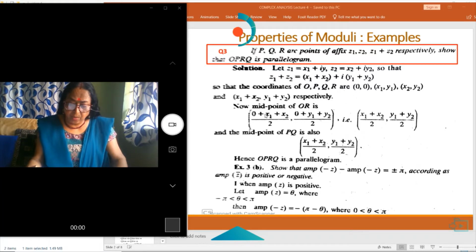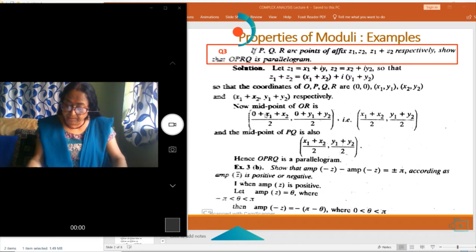respectively O is 0, 0, P is x1 comma y1, Q is x2 comma y2, and R is x1 plus x2 comma y1 plus y2. Now the coordinates of O are 0, 0, and the coordinates of R are x1 plus x2 and y1 plus y2.